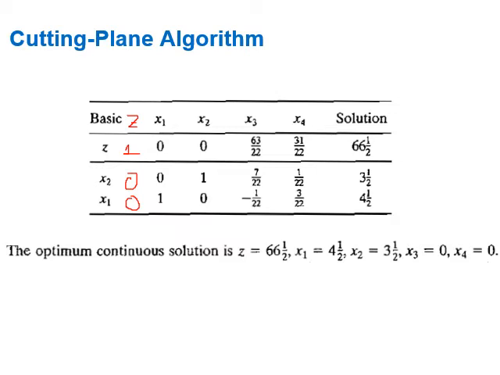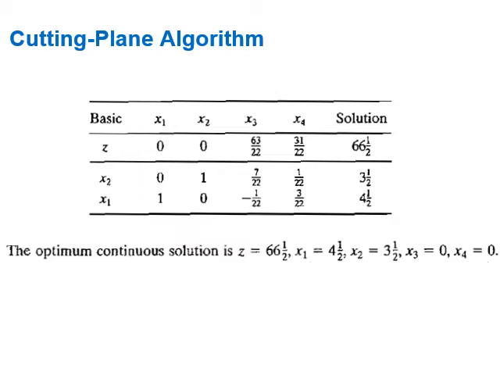Instead of including this column in every case, because it never changes, it's always 1 0 0, you don't need to repeat it in all tables. You just ignore it, but you know that column is there. In this book they don't include this column.